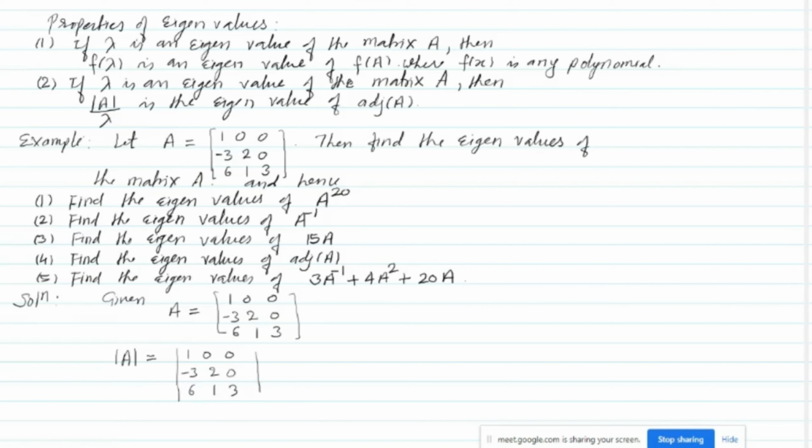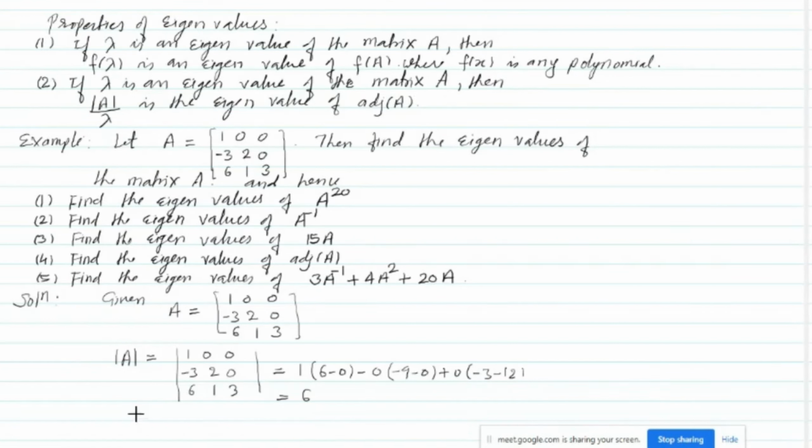This is equal to 1 times (3 times 2 minus 0), minus 0, plus 0. So you will get only 6. Okay, your determinant is 6.